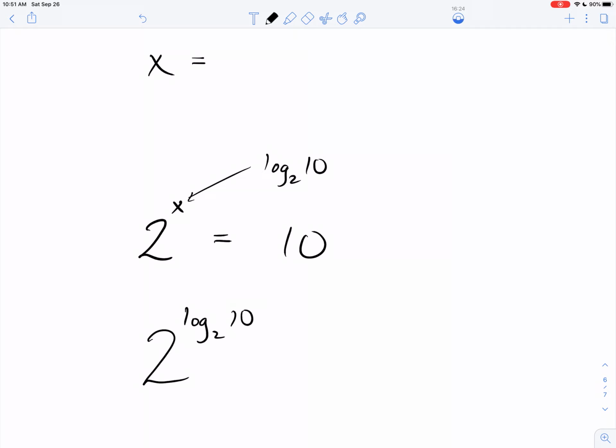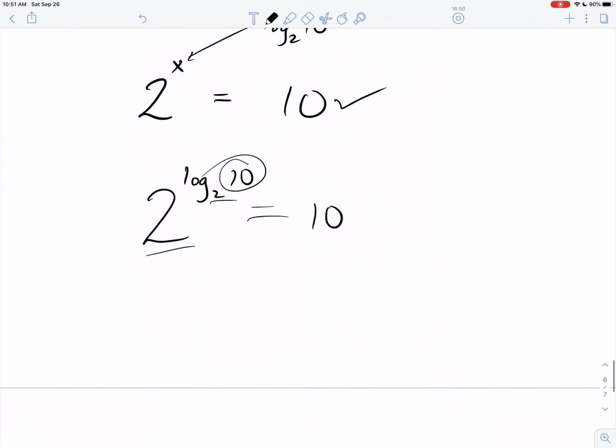And once again, without plugging it back into my calculator, this is just a property. What does this thing equal? When this base and this base match and you have a value here, bam, there's your answer. It's 10. So I'm trying to show you that we did a lot of laws of logarithms and property work to get here, because we use that information to help us solve problems.